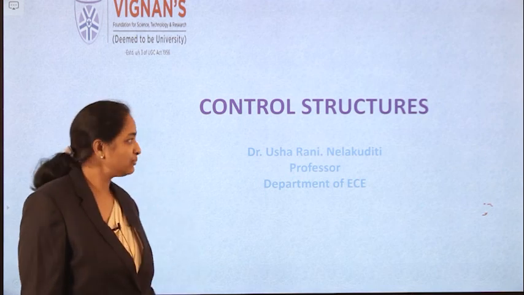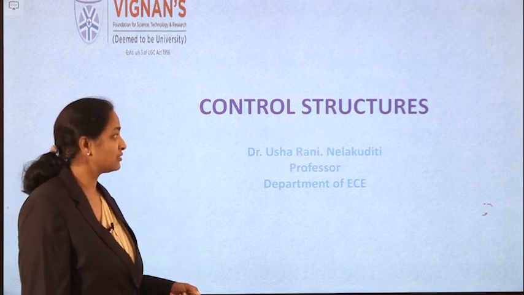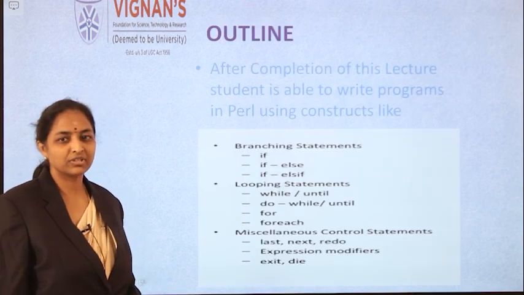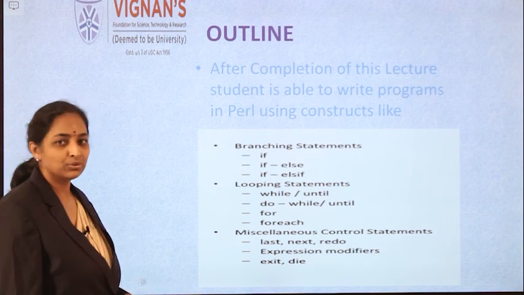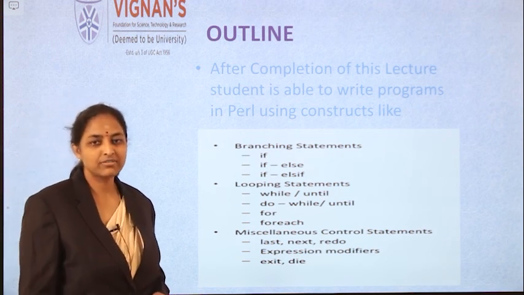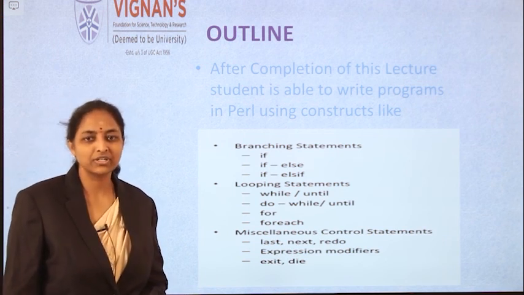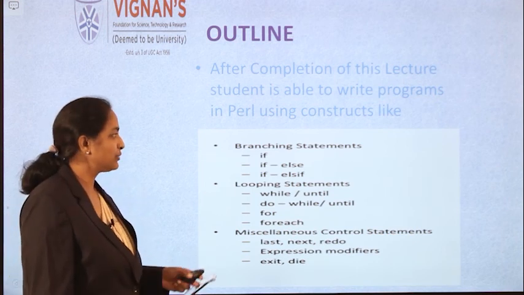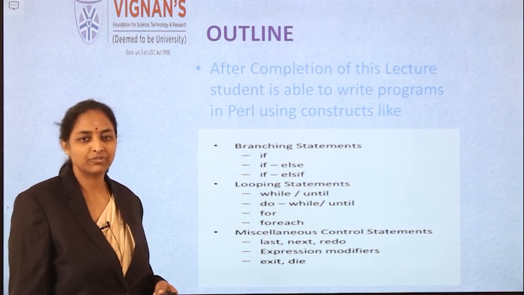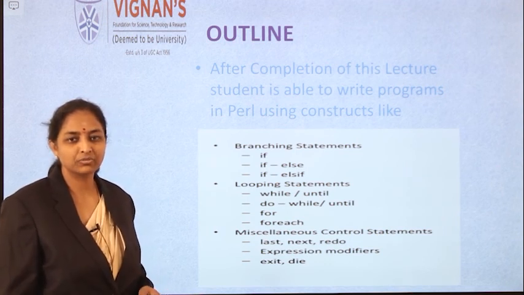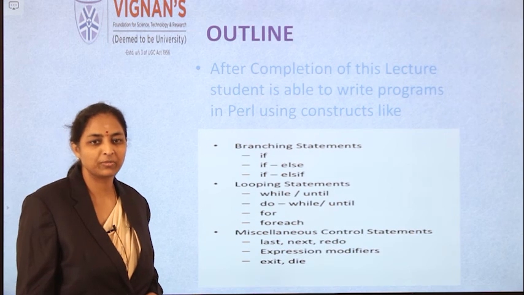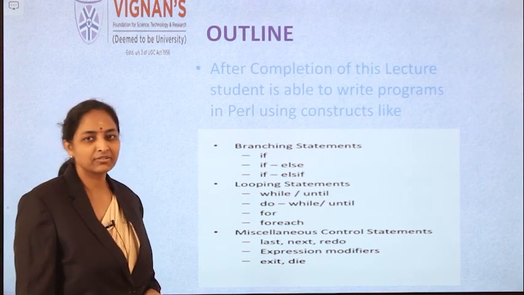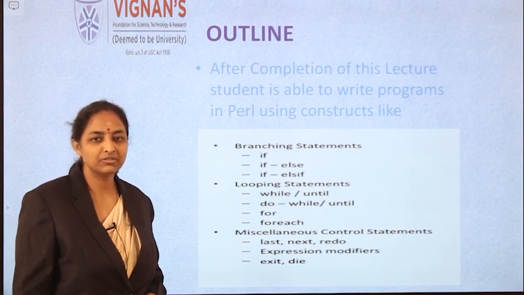So coming to the PERL control structures, what control structures are available in PERL? If you see, all the control structures are divided into two kinds. One is the branching statements, another one is the loop statements. Branching statements we are already familiar with, as we have come across them in many languages, C, C++, Java and VHDL. In all those languages, the simple statement is if.